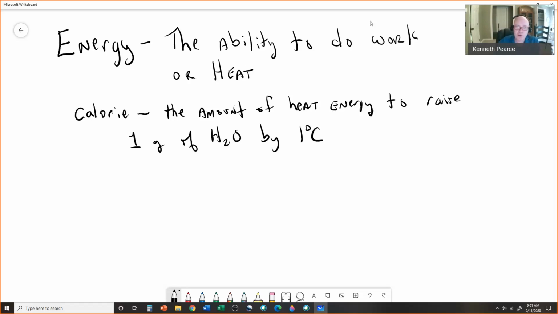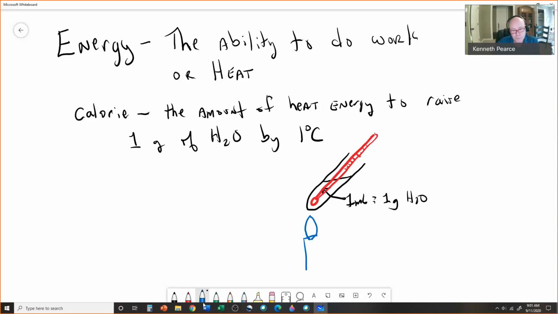And the way that works is like this. If you have a test tube and you were to have 1 milliliter, which is 1 gram, of water, and you put a thermometer in there, and you pass a flame from the Bunsen burner, and when that temperature goes up 1 degree Celsius, you just added 1 calorie.